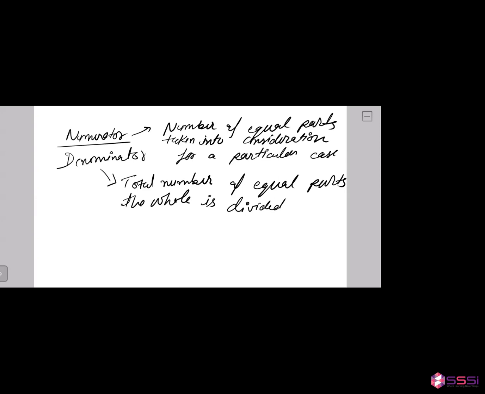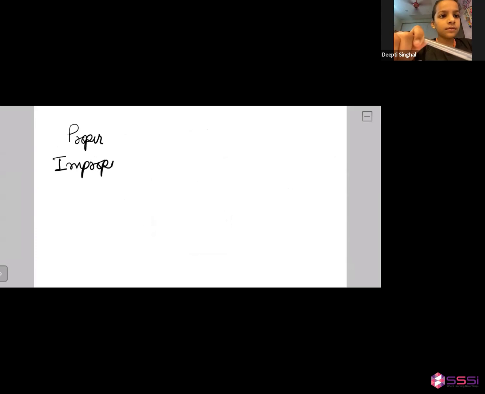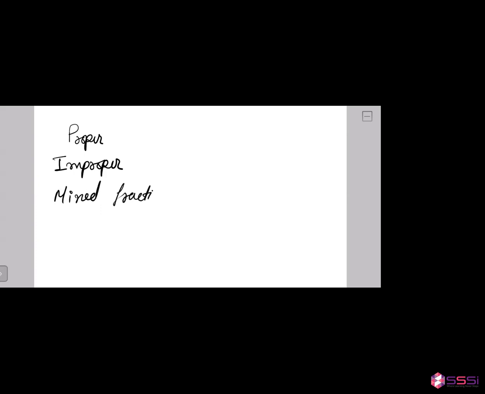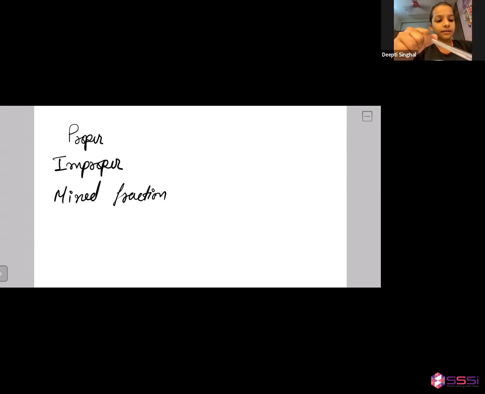So the types of fraction: proper fraction, improper fraction, mixed fraction, unit fraction. You must have done these, I guess. Yes, I have done this. You have done fraction complete.